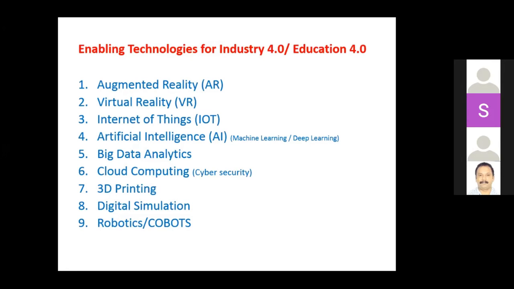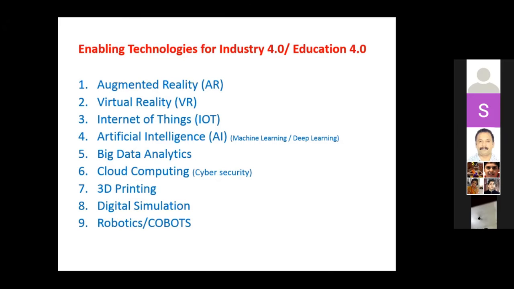Therefore our students must be aware of these technologies like augmented reality, virtual reality, internet of things, artificial intelligence, in that machine learning, deep learning, then big data analytics, cloud computing, 3D printing, digital simulation. Robotics was the earlier technology which used to work. Now cobots are being created and developed. So these are the enabling technologies for the development of smart systems.